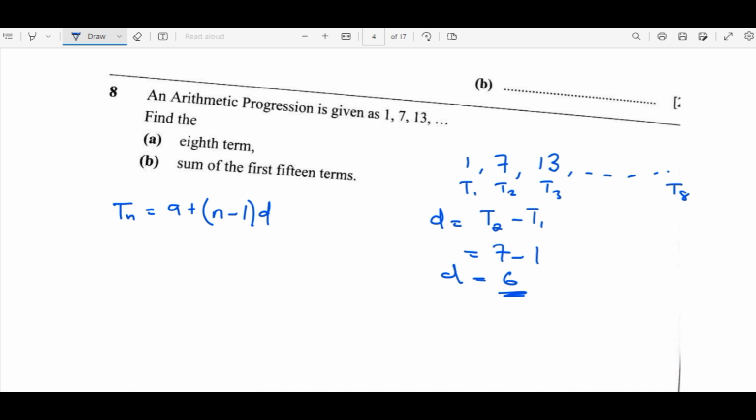And then a is the first term, and n in this case is 80, the 80th term. And then d means the common difference. So we can substitute now. We'd say T80 is 1 plus open bracket 80 minus 1, you close, and then we have a 6 there.